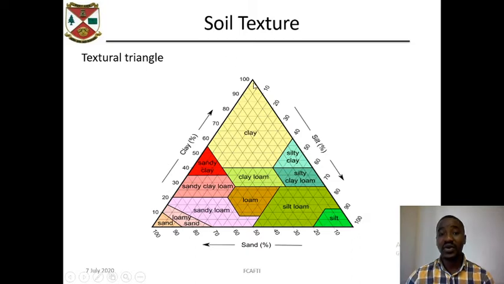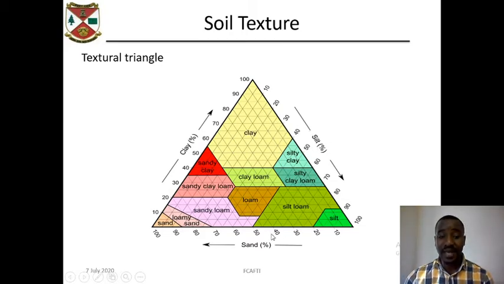In other words, when you are going downwards, the percentage silt increases: 10, 20, 30, 40, 50, 60, 70, 80, 90, 100. This 30% indicates that in this region, the silt content is 30%.